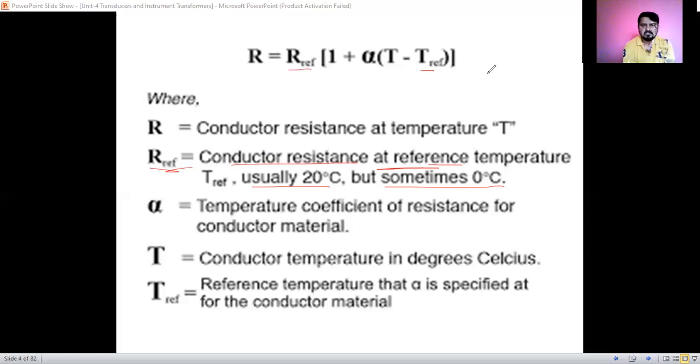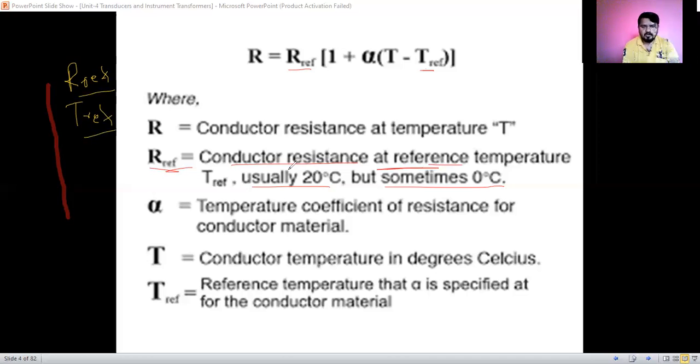Here we are going to discuss now. I will take one conductor, this is one conductor here. This conductor resistance is how much for the initial temperature? R reference we can consider for T reference. What is the room temperature, and for that temperature, what is the resistance? That is called reference resistance for reference temperature.